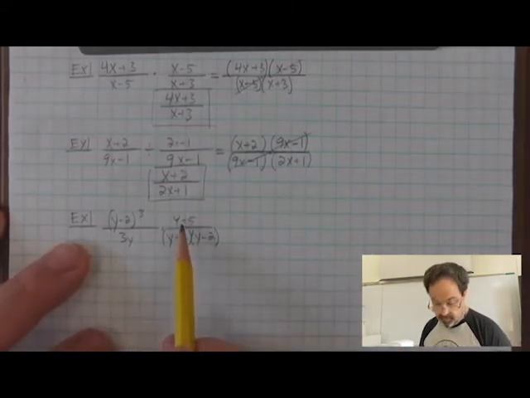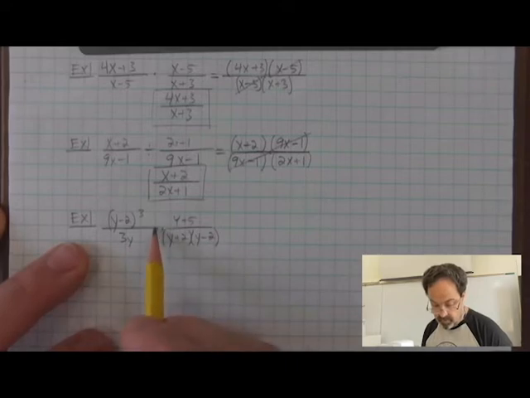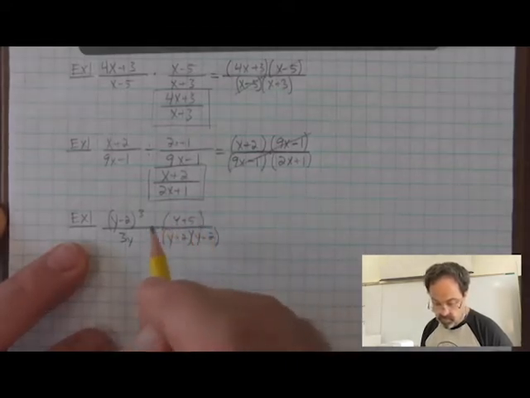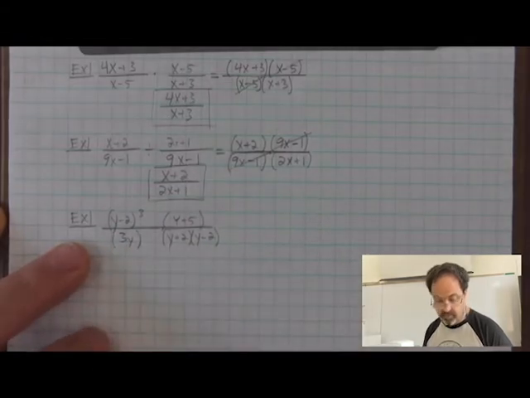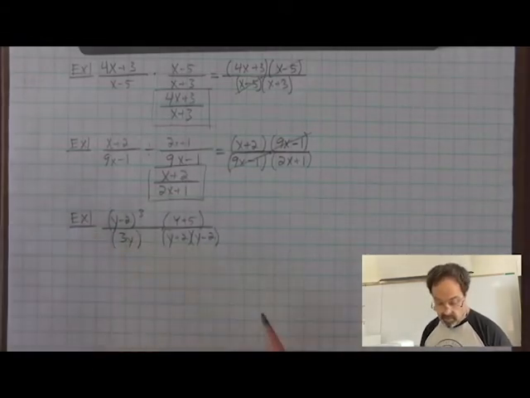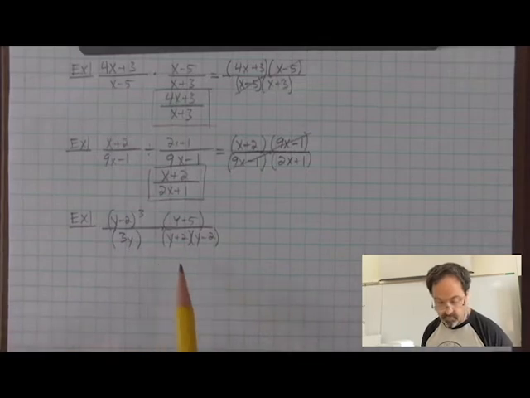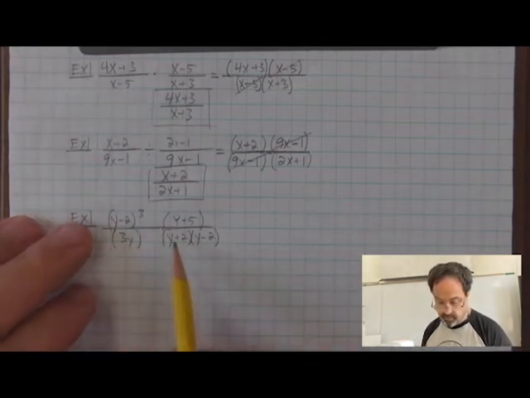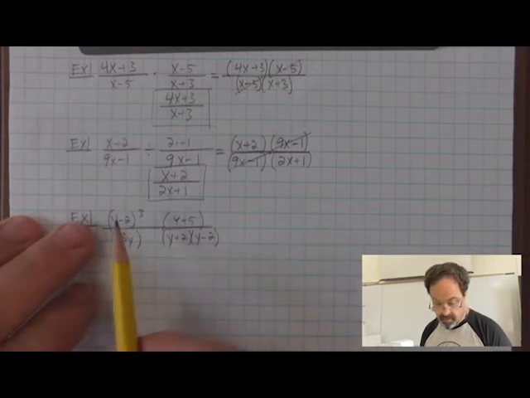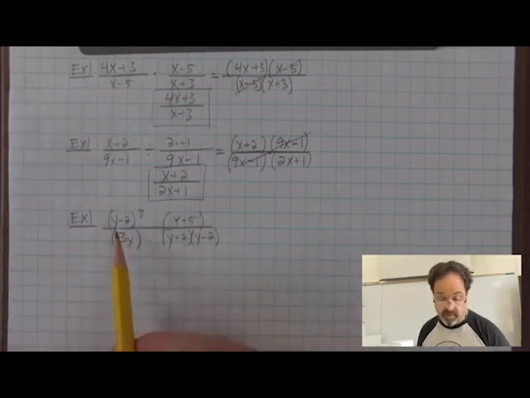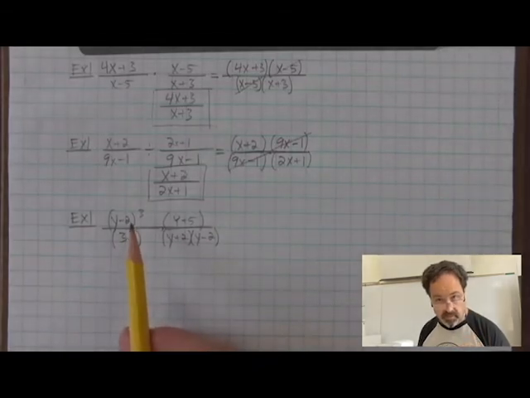If I'm multiplying two fractions, I can think of that as one fraction bar, group the things that I'm multiplying just as before, and now that I have all factors, all the groups are multiplying each other, I can look for common factors. This cube means that the y - 2 factor is represented 3 times.